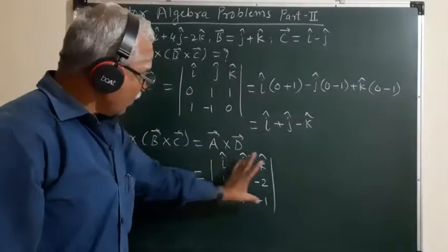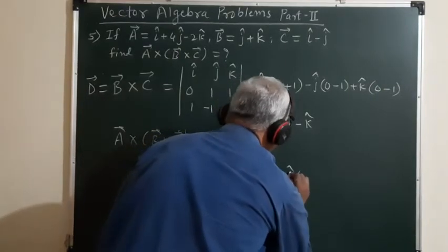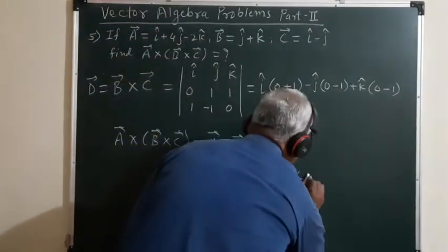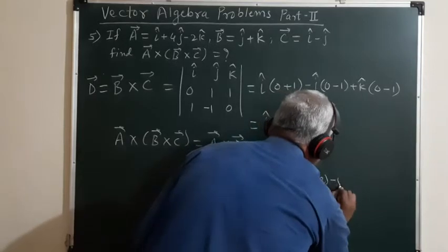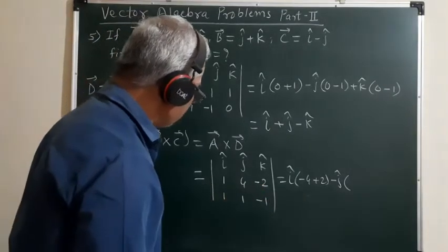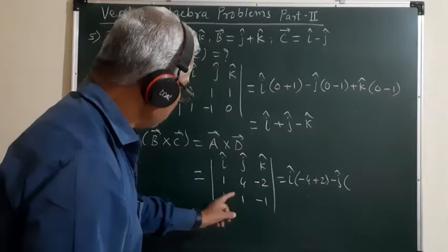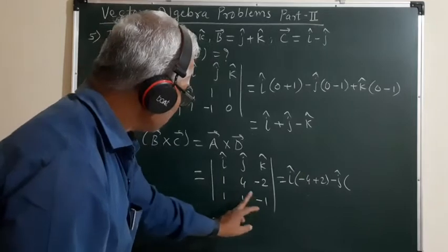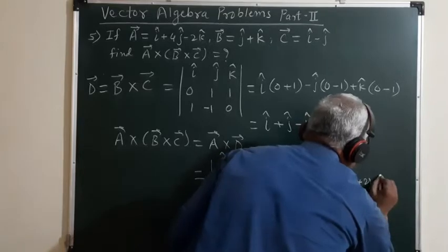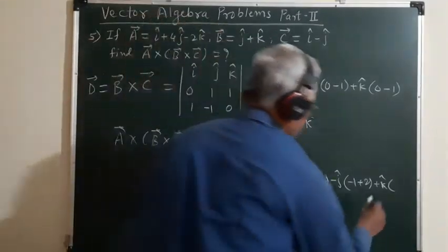So if we solve this determinant, it can be expressed as i cap into bracket minus 4, minus of minus 2 is plus 2, so it is minus 4 plus 2, minus j cap into bracket minus 1 plus 2, plus k cap into bracket, it will be 1 minus 4.